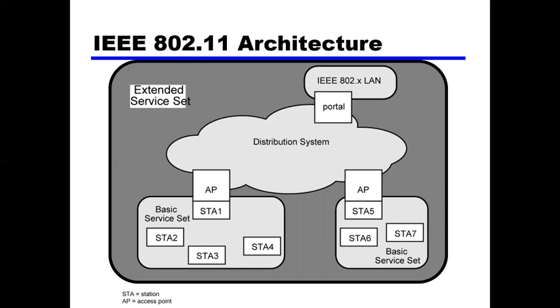Now this is the architecture of 802.11, where the access point is given as the basic service set access point, AP. The basic service set is the BSS and the distributed system is given in the center. The diagram is self-explanatory. We have to give the idea about what the 802.11 architecture should look like.